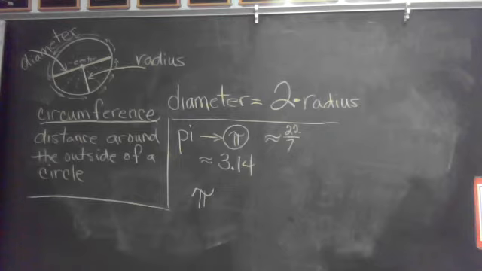So pi is a very, very unique number in mathematics. Does it repeat the numbers? It doesn't repeat in any kind of pattern, like 141, 141, 141. It's just a very, very special number. Do you kind of understand pi?